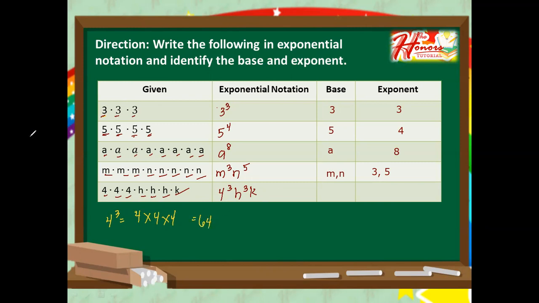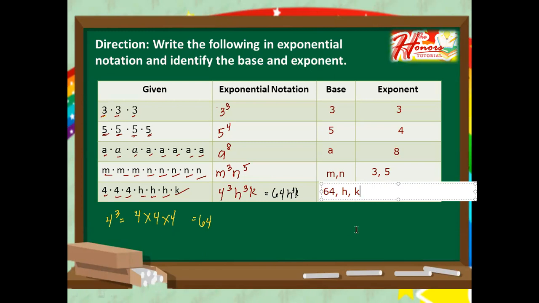So therefore, we are going to change 4 cube or simplify. That is the right term, to simplify. 4 cube is 64, h cube k. So therefore, our base here will be 64, h and k.